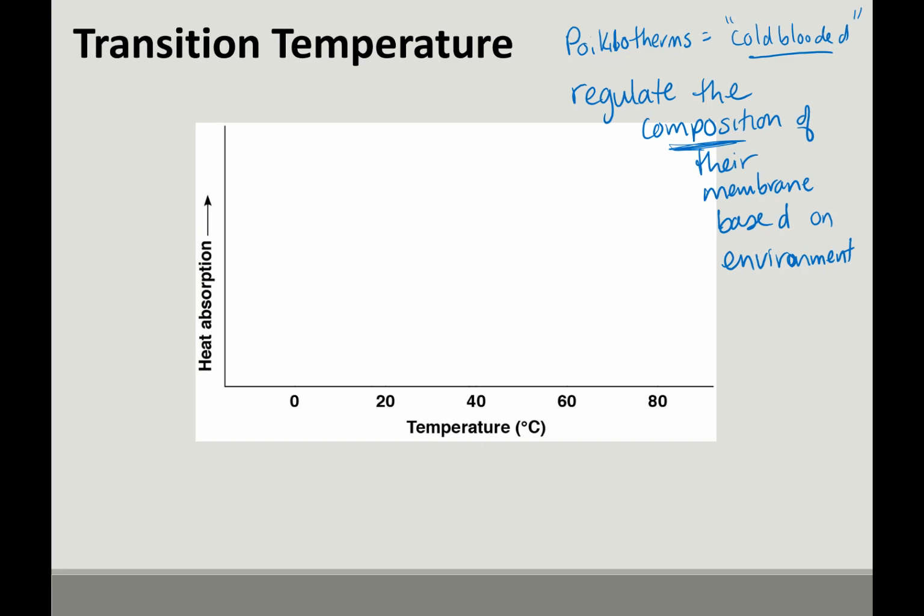So let's just draw two graphs. And again, this is not for accuracy. This is just saying this is a greater TM. This is a lower TM. So this is in the cold, and this is where it's warm.